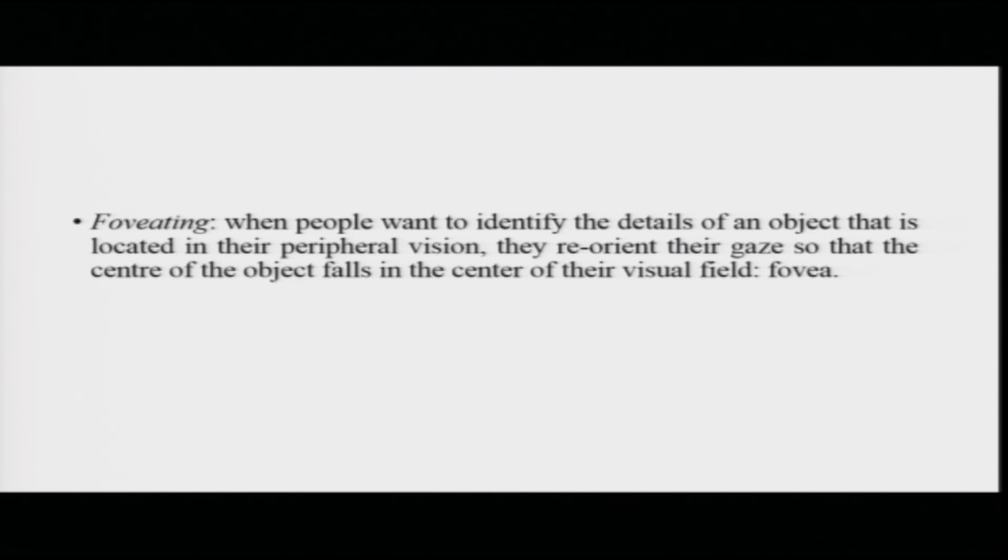When people want to identify the details of an object located in the peripheral vision, they reorient their gaze, not really moving the head, so that the center of the object falls within the fovea, and that is where you get the best image and the highest amount of information. This entire business of moving your eyes systematically through the entire page is part of what is called foveating.